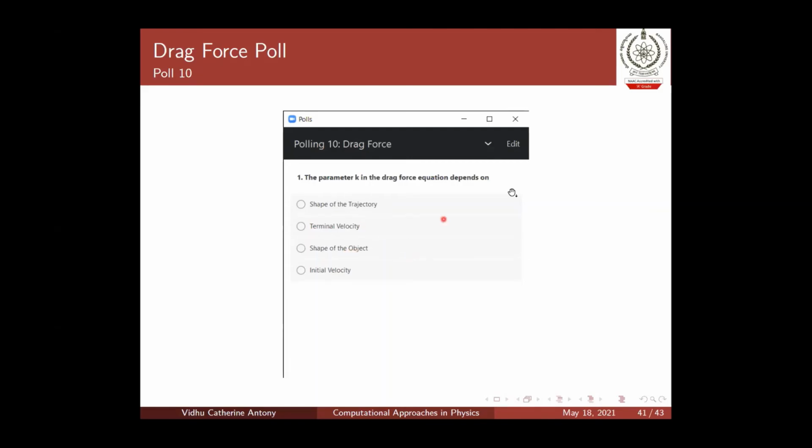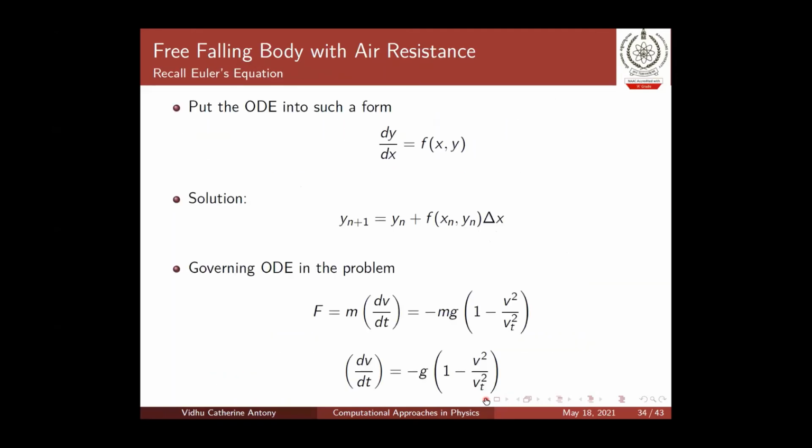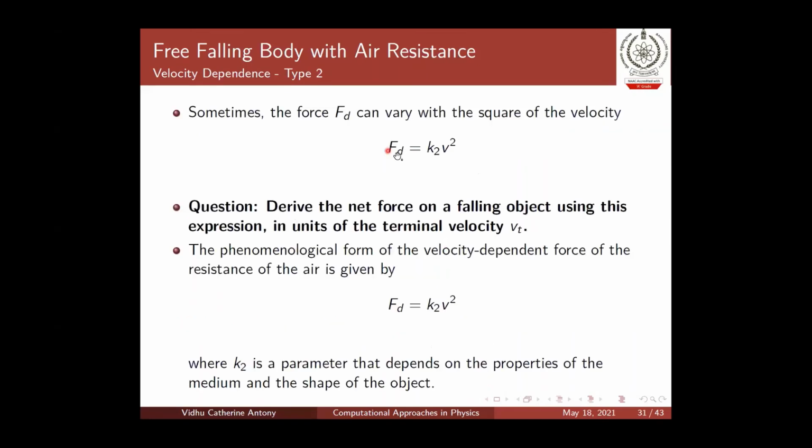Why is that? We did discuss this before. Let me go back to that slide. When we discussed the velocity dependence, what did we see here? We said that the drag force F is equal to K2 V squared, and your K2 or K for that matter depends on the properties of the medium and the shape of the object.